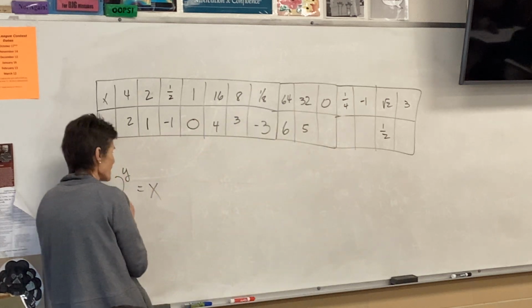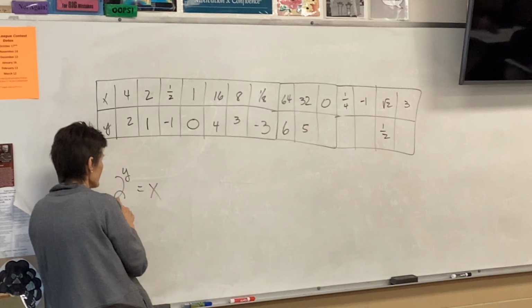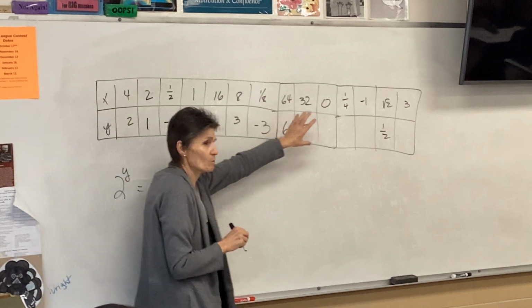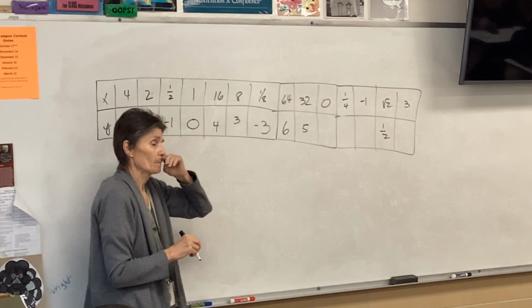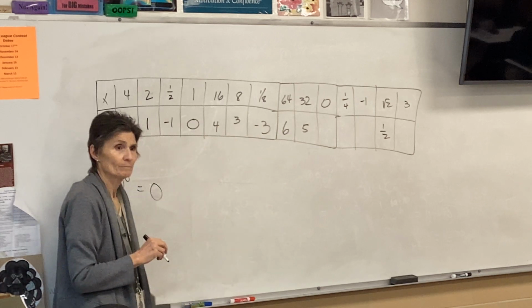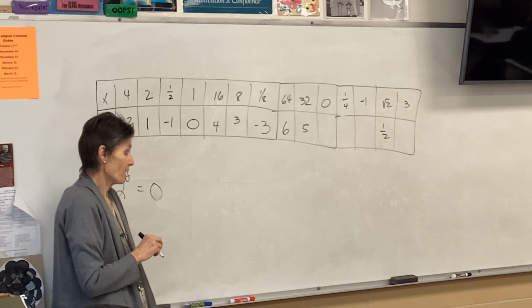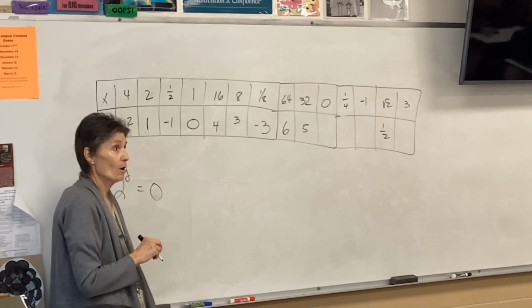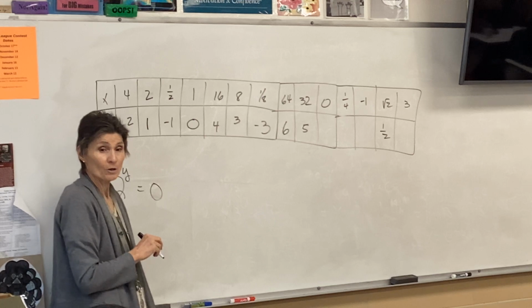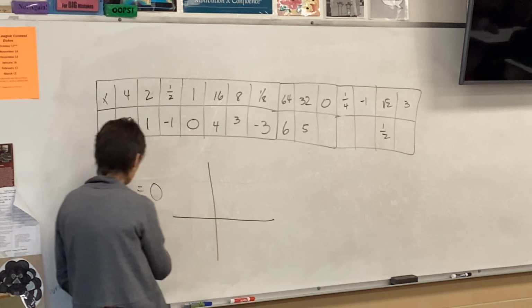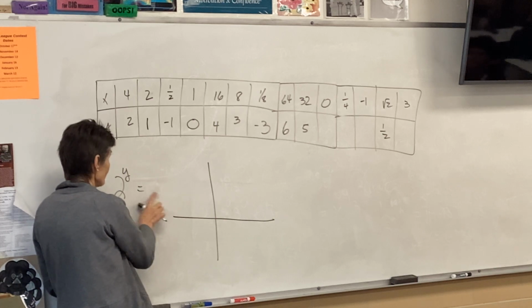Think about what that's saying. That's saying 2 to some power has to be 0. Can you do that? Can you raise 2 to a power and get nothing? No. And you know why? Because this is your logarithmic function here.